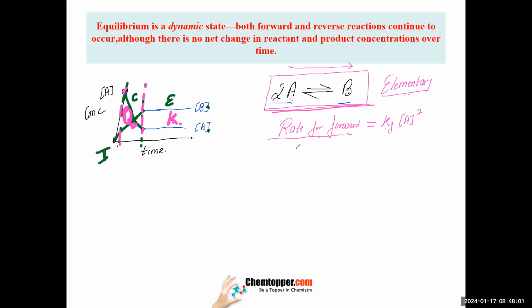This is the rate law for the forward direction because here I'm taking it as elementary, right? What is the rate for the reverse direction? Rate law for reverse. All of you give the answer. What is the rate law for the reverse direction?